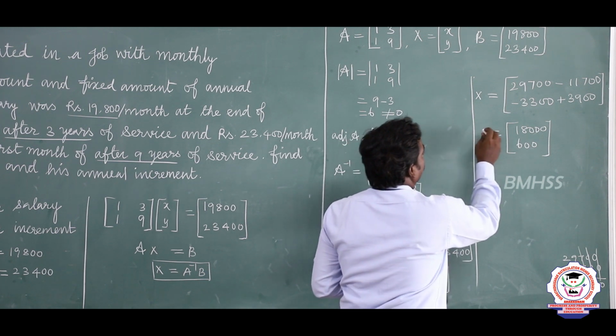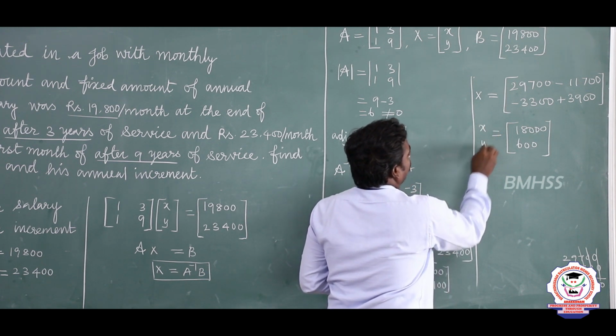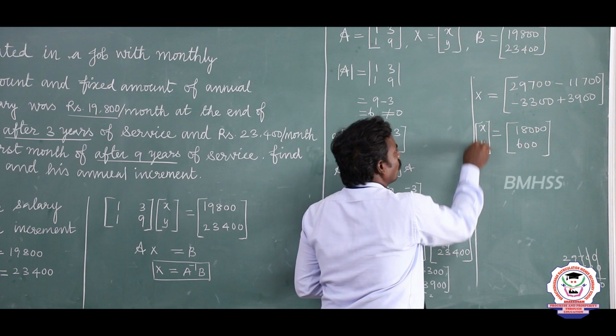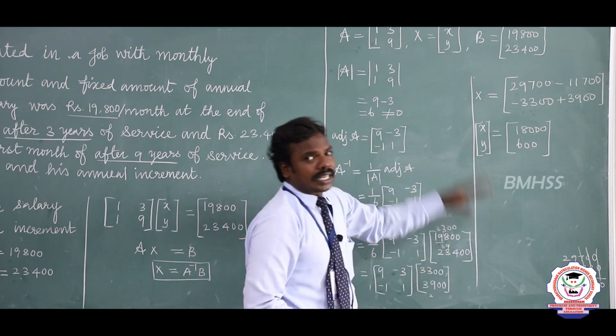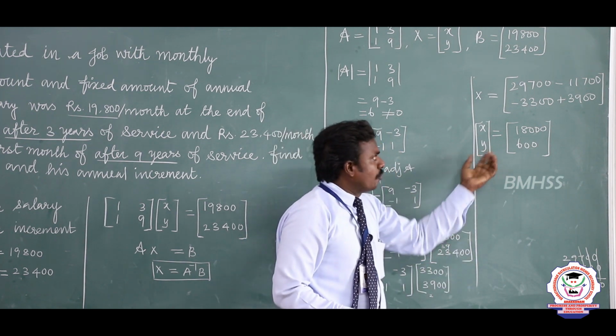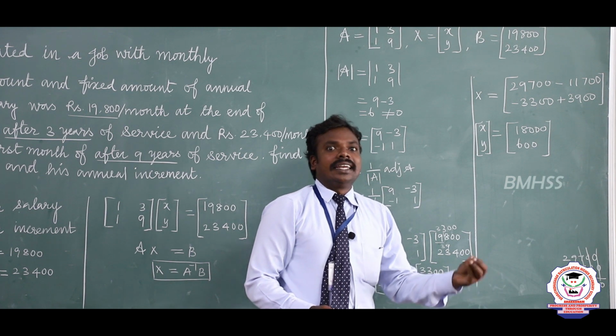Capital X, that is the X matrix, is X, Y. So what is the value of X? That is the starting salary. And the value of Y is the annual increment.